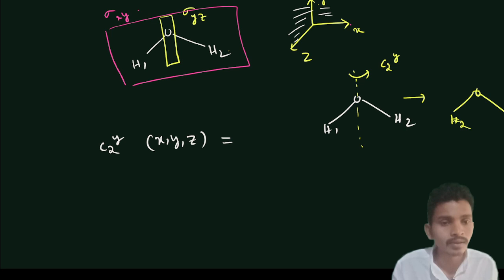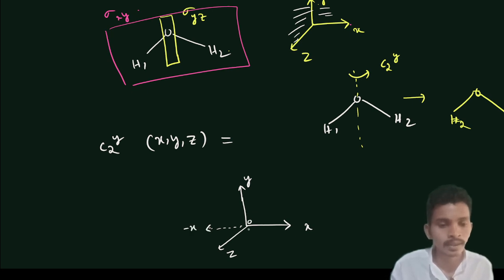Let's say this is x, this is y, and this is z, and here this is minus x, this is minus y, similarly this will be minus z. So if I apply the operation through the y axis, this x will go here and this z will go here, means they will interchange.